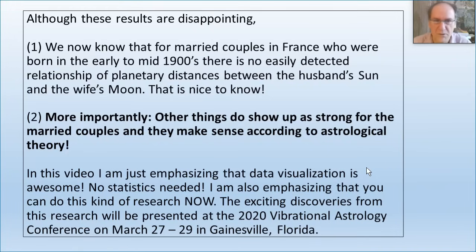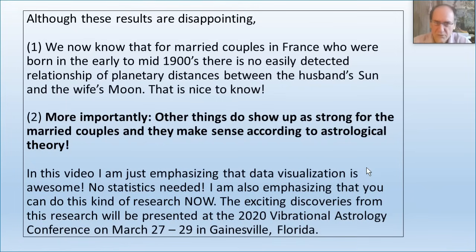Now, point number 2, and more importantly, there are other things that show up for the married couples. I'm not going to go into all of that right now, but in going through it and analyzing it, I did find things that are stronger for the married couples, and they make sense according to astrological theory.